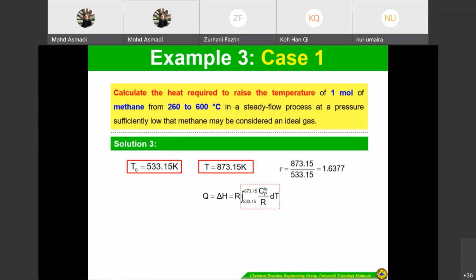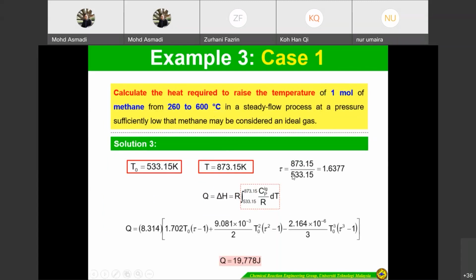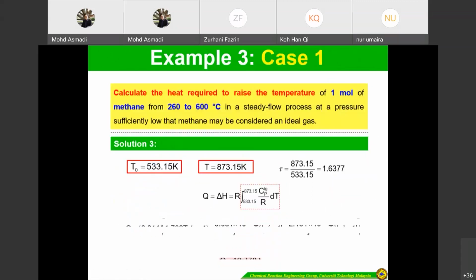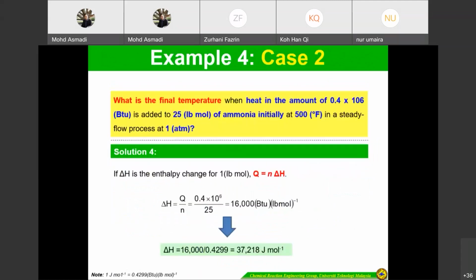So this is example three for case one. If you look here, it is given the initial temperature and final temperature. So what you have to do is directly calculate by using this equation, and you can get an answer.